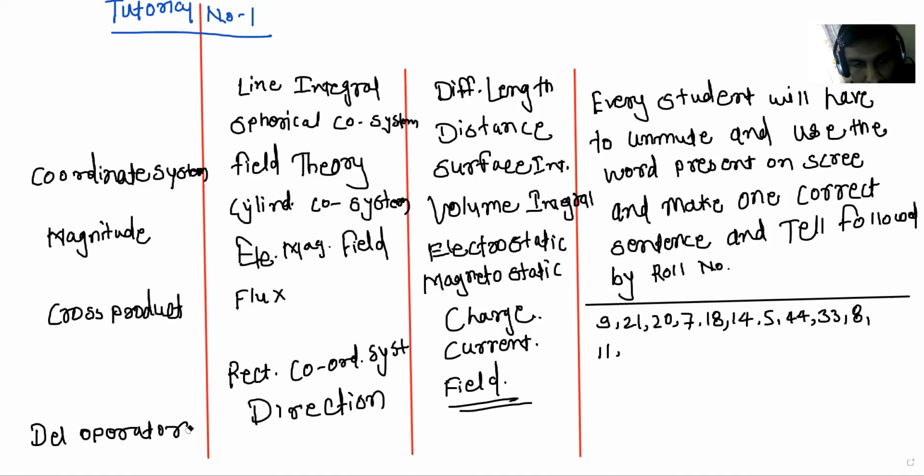Okay, when del operates on a vector quantity using cross product, we call it a curl. Okay, del operator word you have used. Yes, next.